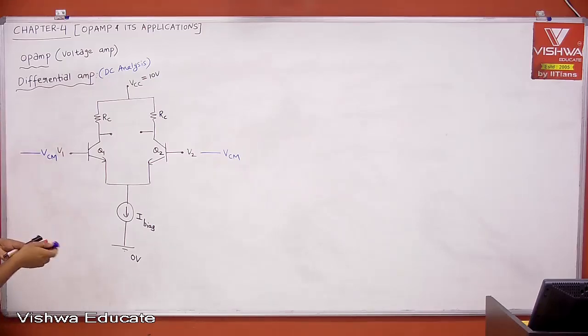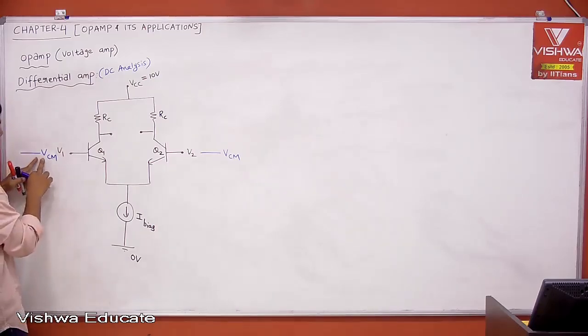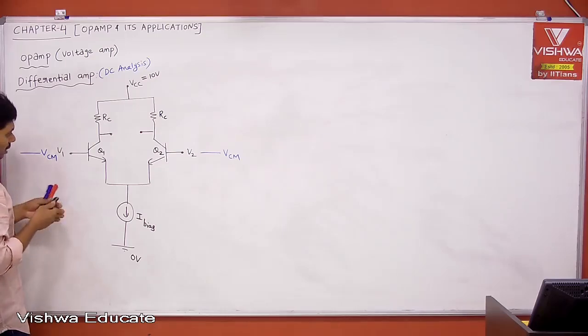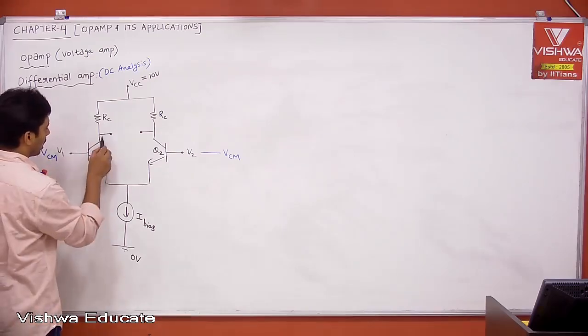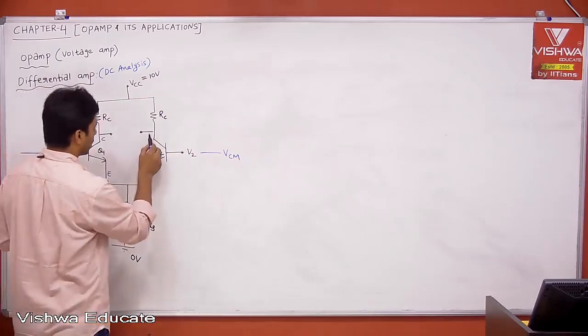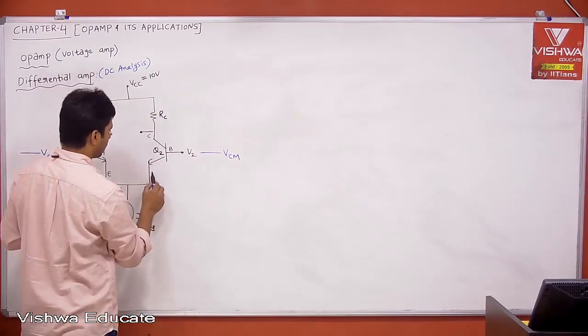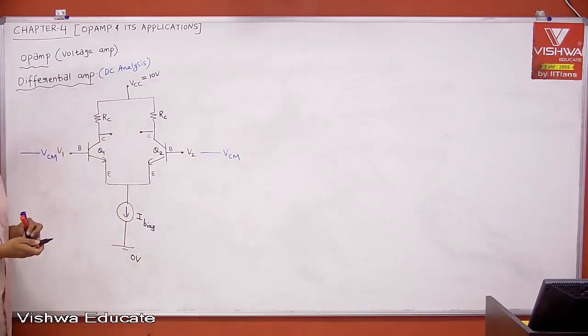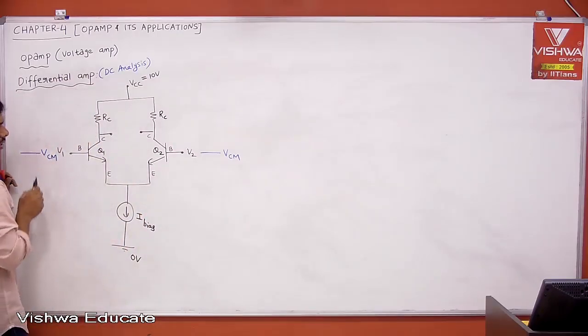Now, tell me, when the input is VCM, can I say this is nothing but what? This is collector, base and emitter. Similarly, this is collector, base, emitter, right? Now tell me, this is VCM, this is your DC voltage.